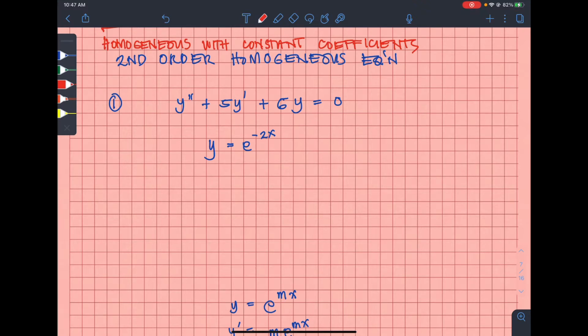The given equation only involves the dependent variable y as well as its derivatives, in this case y prime and y double prime. There are no other functions involved in the given equation aside from the dependent variable y and its derivatives. Therefore, this given equation is considered to be a homogeneous equation.